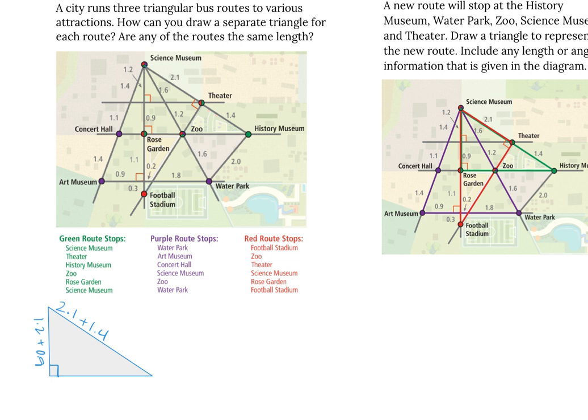All right, our next route is from the water park to the art museum, to the concert hall, to the science museum, to the zoo, and then back to the water park.